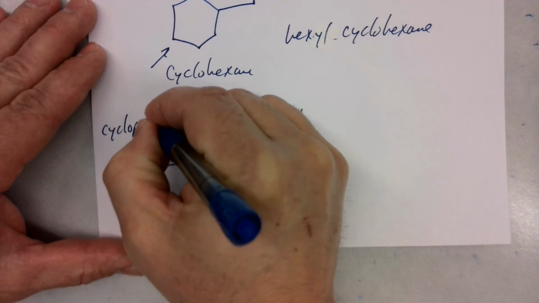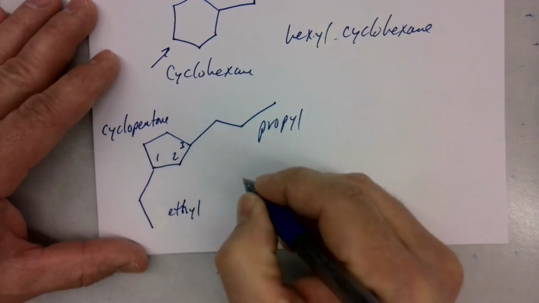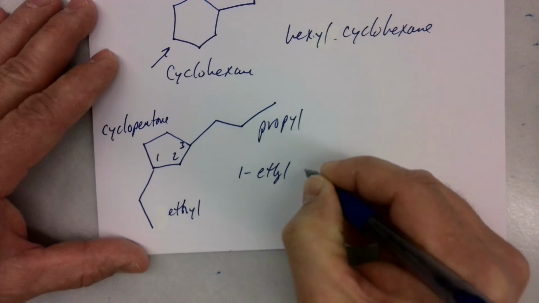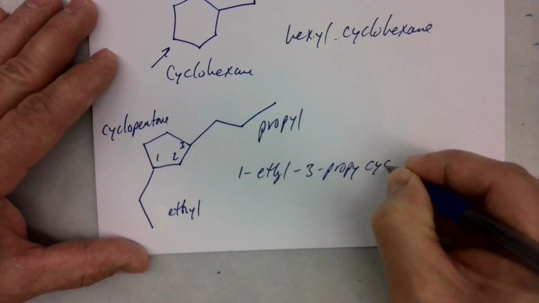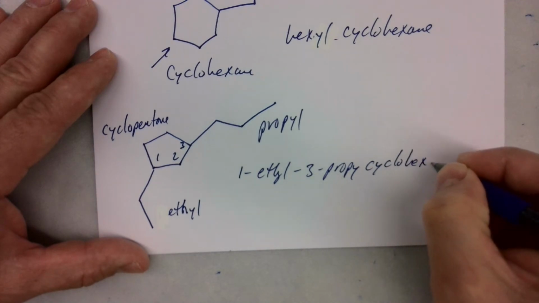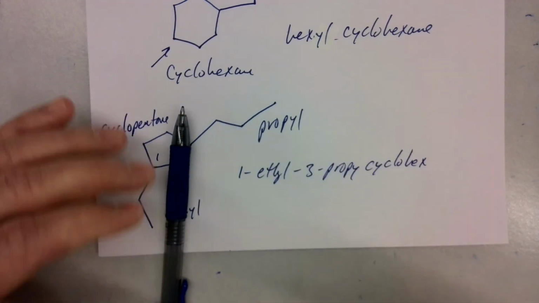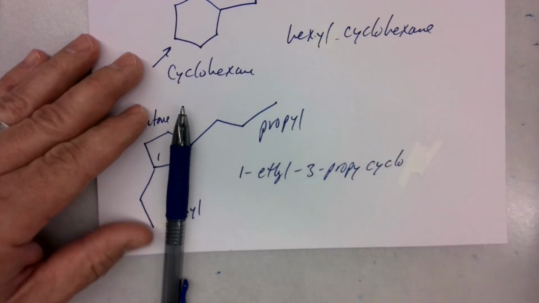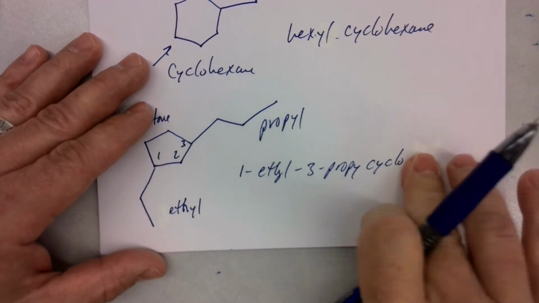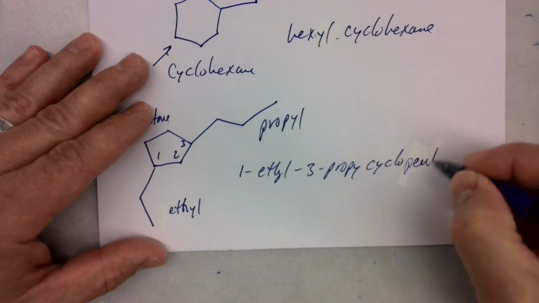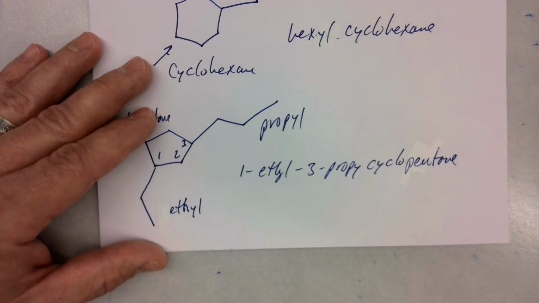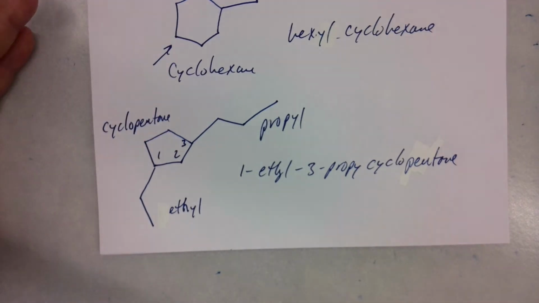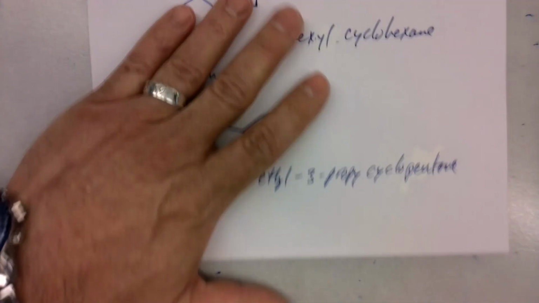So it would be 1-ethyl-3-propylcyclopentane, just like that. That makes sense. Now, the one on the test, I think there might be two. They're really straightforward, so they're not a big deal.